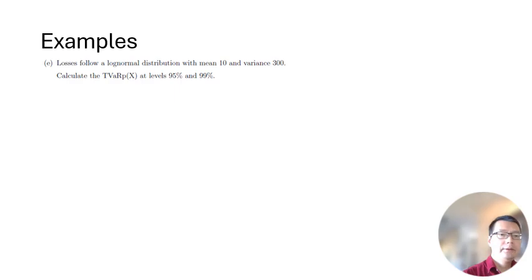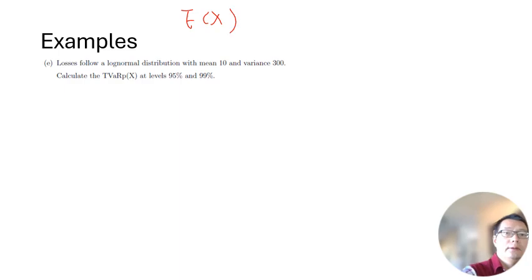Example E. Losses follow a lognormal distribution with mean 10 and variance 300. Calculate the tail value at risk at the 95% and 99%. So this is very similar.